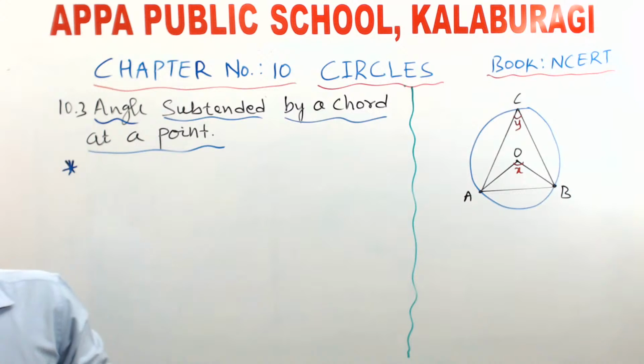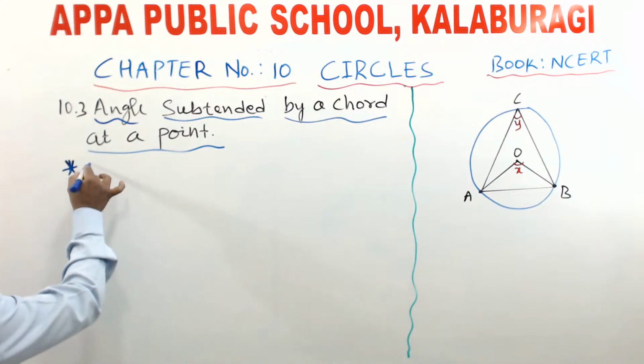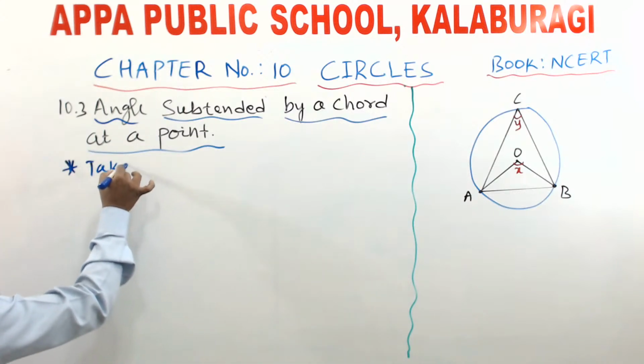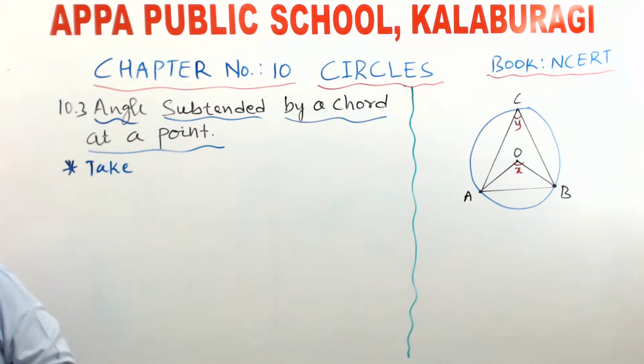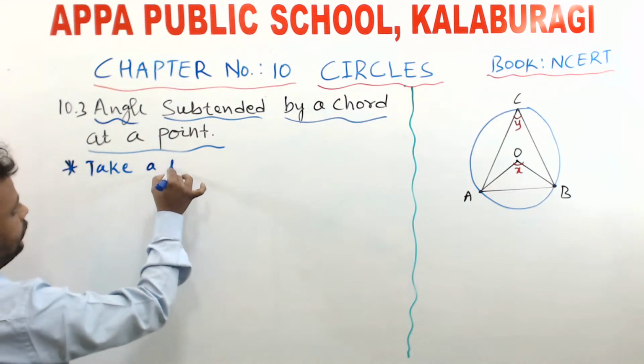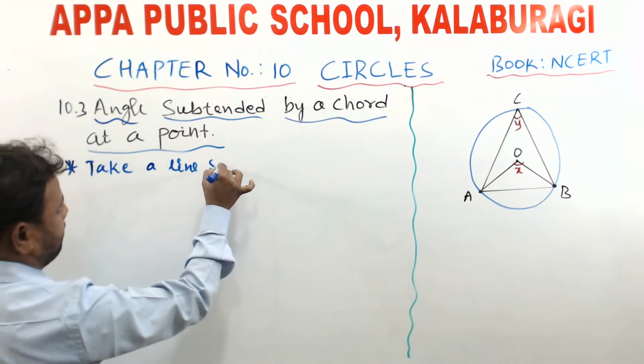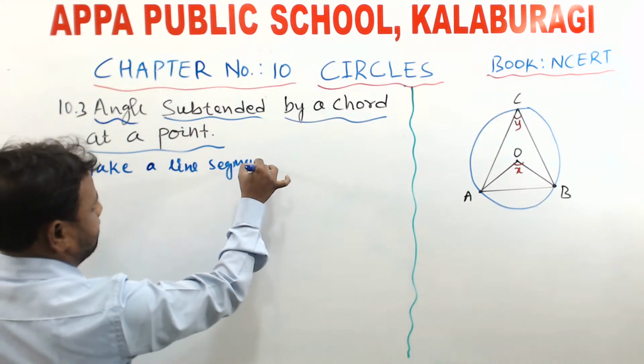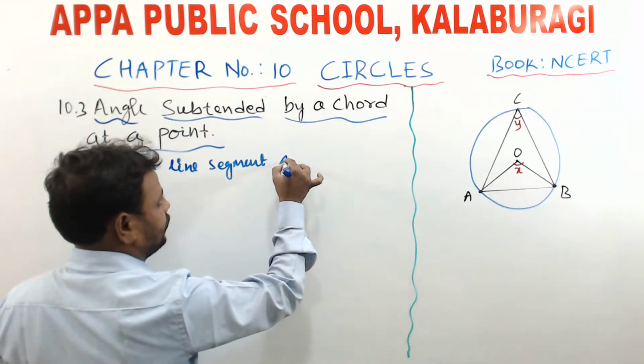The first one: take a line segment. I'm calling that line segment AB.